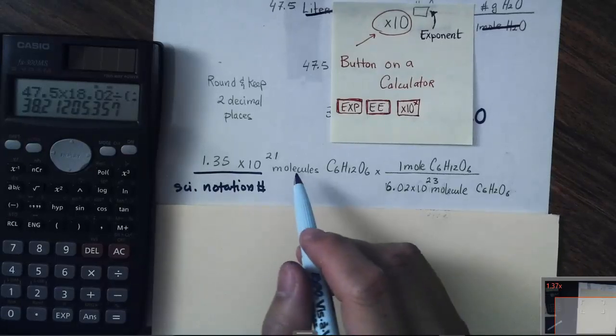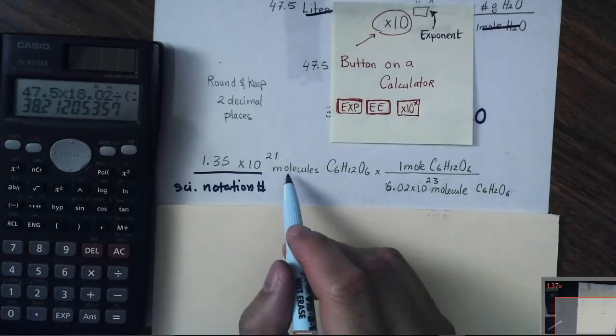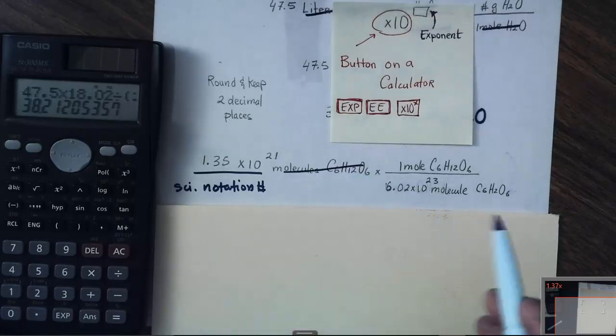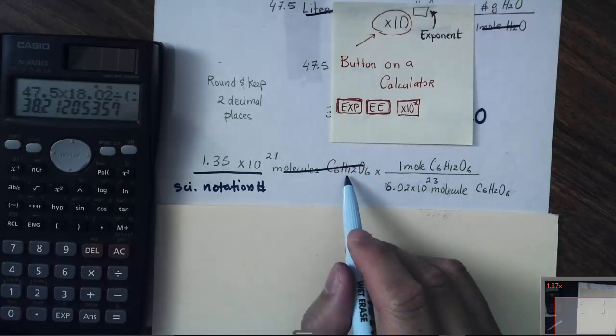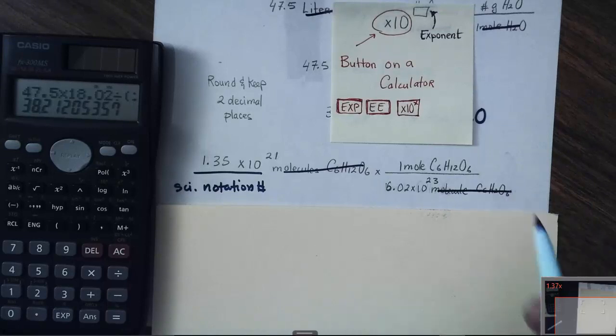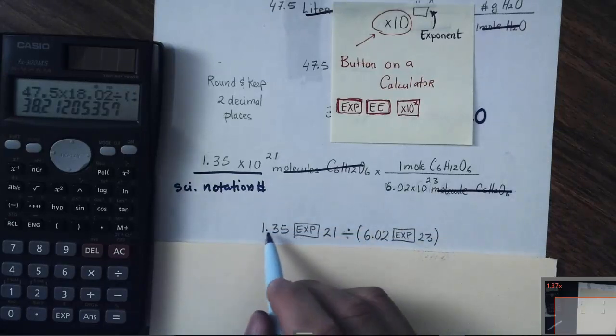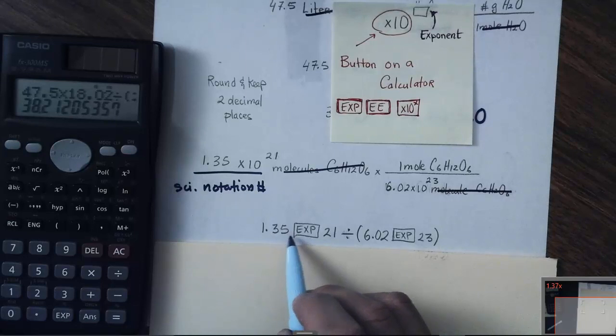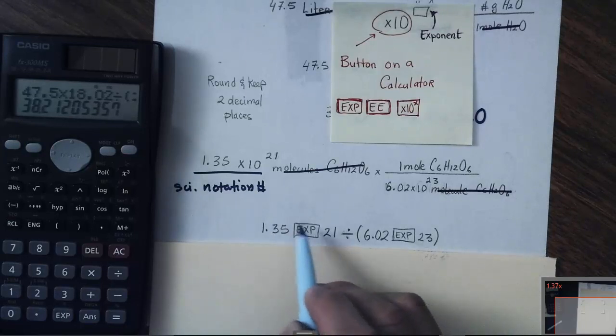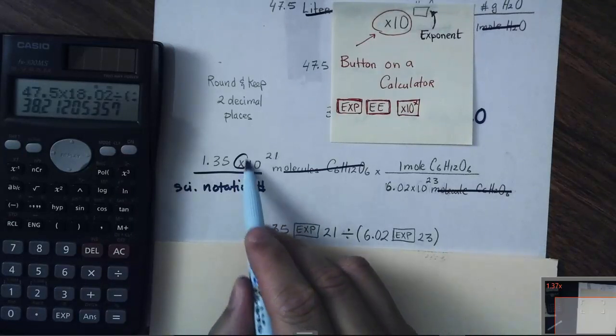But before we worry about plugging into a calculator, we need to cancel out the unit and chemical. Molecule of glucose, or C6H12O6, cancels out. Again, multiply everything on top, divide everything on the bottom. And here is how we plug into a calculator. Notice I have 1.35, the button EXP, and I did not use the multiplying sign.